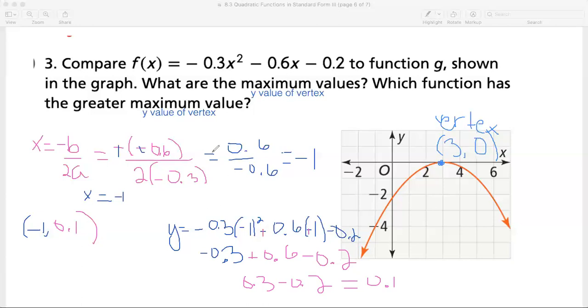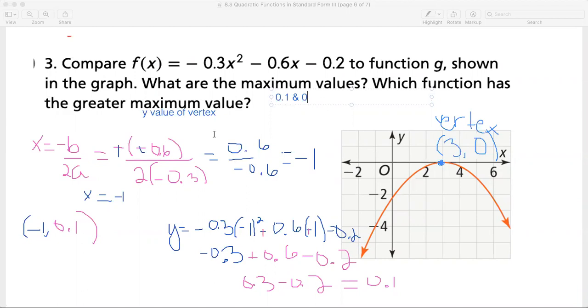First of all, to answer the first part of the question, what are the maximum values? Well, there are 2 maximum values. Your maximum values are 0.1 and 0. I'm going to type this. So my maximum values are 0.1 and 0.